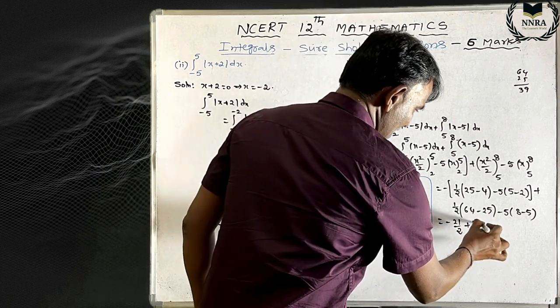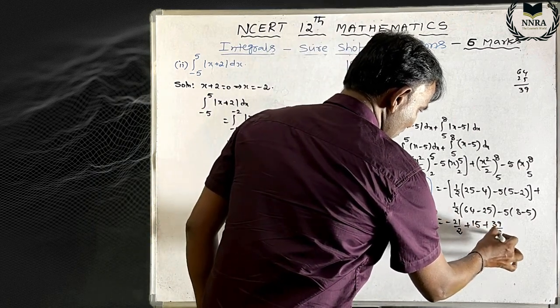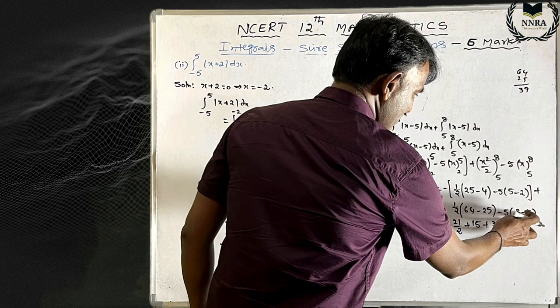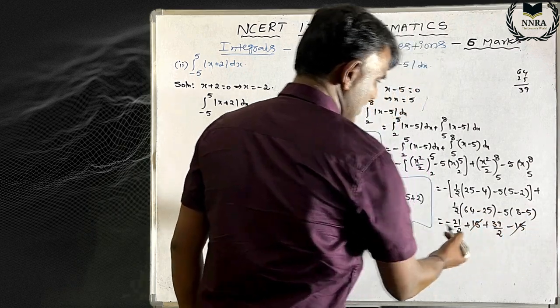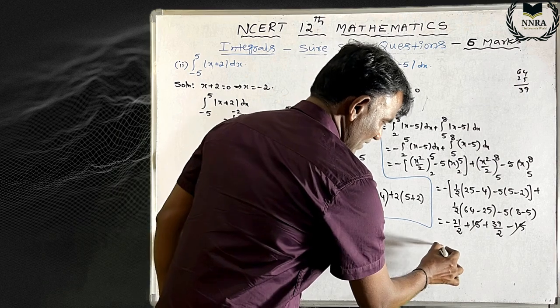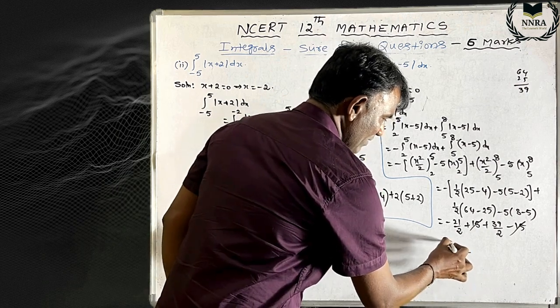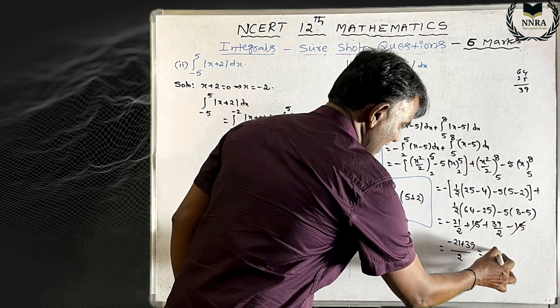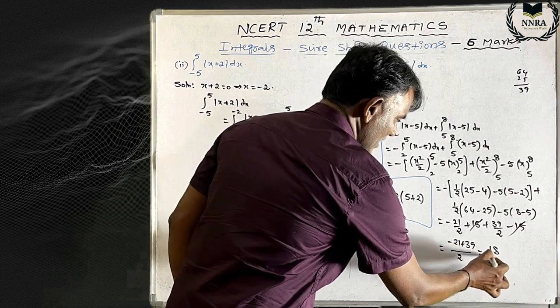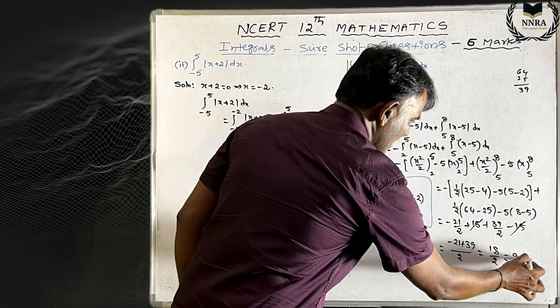So 39 divided by 2. And 8 minus 5 is 3. 3 into minus 5 minus 15. Now both get cancelled, right? Now LCM is 2. And minus 21 plus 39 is 18. Divide by 2 means how much? 9 is the answer.